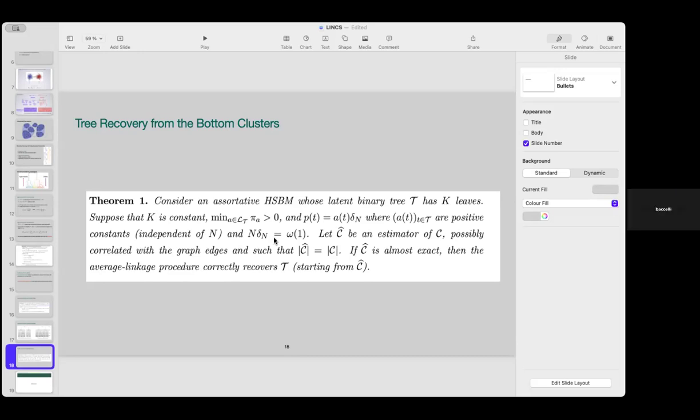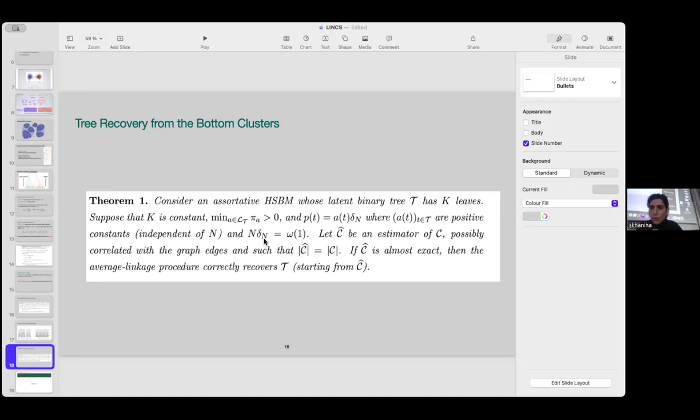But if the tree is given to you together with the P, is there a closed-form expression for the A of T function or not? For the sufficient condition, it is this one here. When the probability should be proportional to omega of 1 over n. Yes, but I think this is the scaling that you had earlier, that everything was in 1 over n. But there should be something on the A function, if I get it correctly.